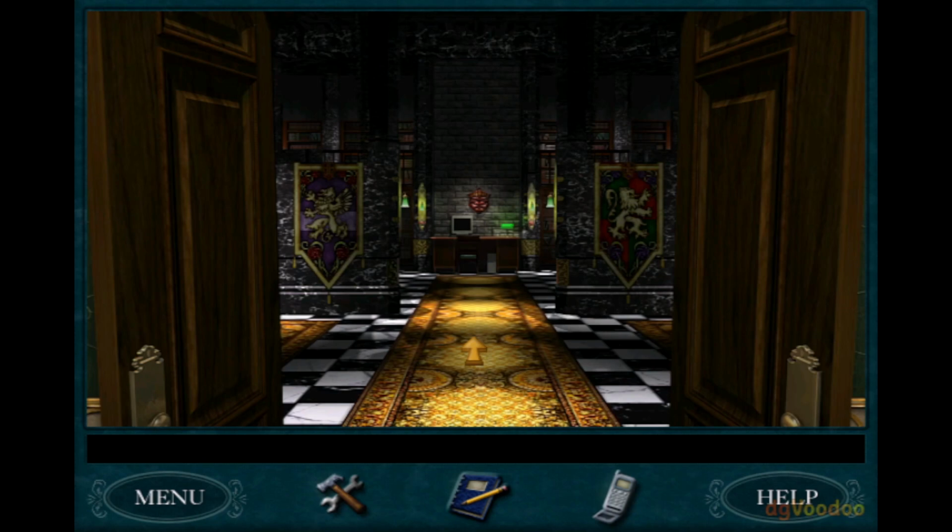But we'll get back to that, I think, once we've explored all of the places we've got here. And we'll continue with the exploring in the next episode.